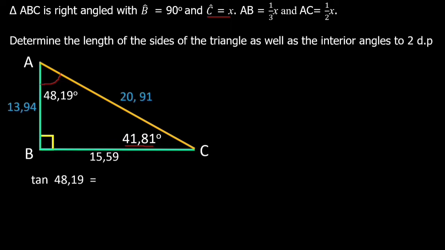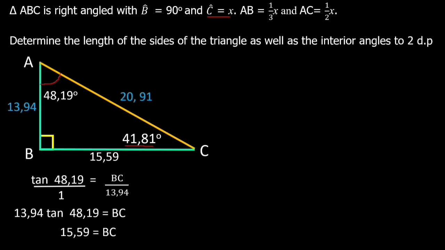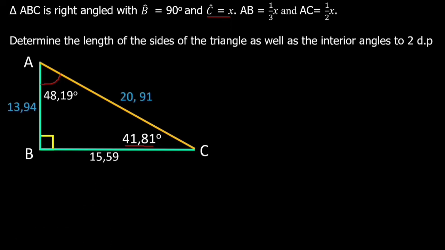So tan of 48,19 is equal to BC over AB, which is BC over 13,94. Doing the cross multiplying technique, we get BC equals 13,94 times tan 48,19. You get BC equals 15,59.